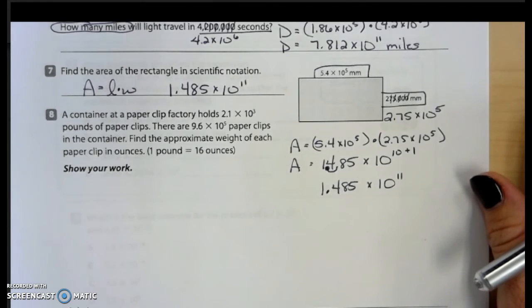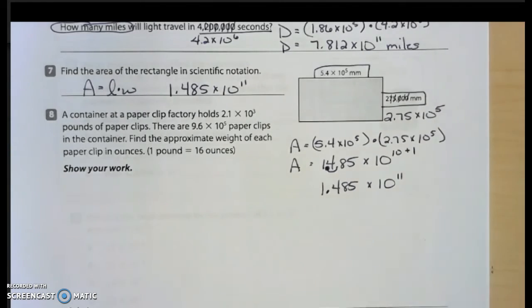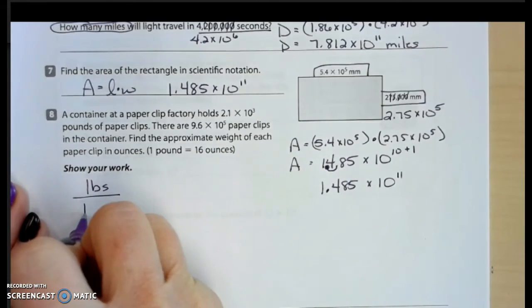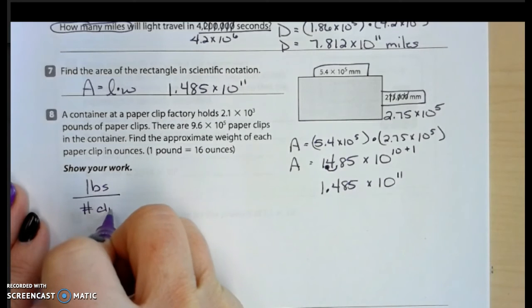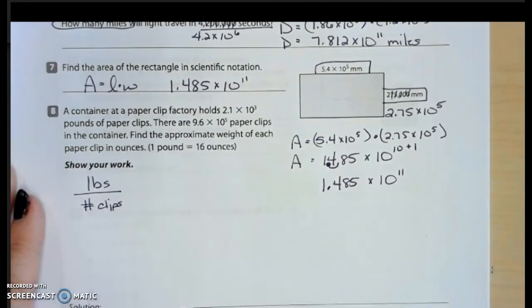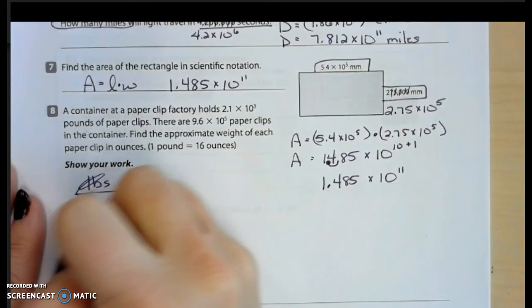The container will hold 2.1 times 10 to the 3rd pounds. They're telling us how many pounds of paper clips the container will hold, and they are also telling us how many individual paper clips that is in the container. So if you take the pounds and you divide it by the number of paper clips, you're going to end up with, nope, that's upside down.